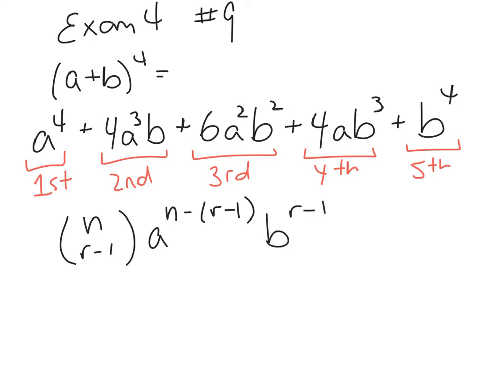This formula finds the first term, second term, third term, or whichever term you're trying to find. So rather than expanding the whole thing and then looking for that specific term, you can use the formula, and it will give you the rth term, the letter r.